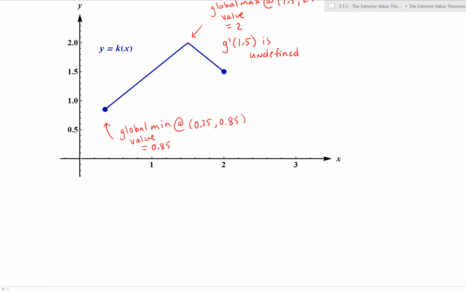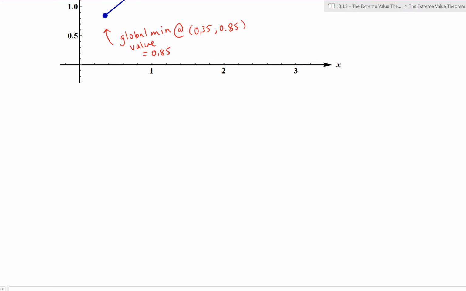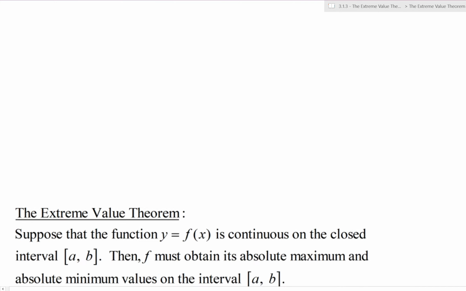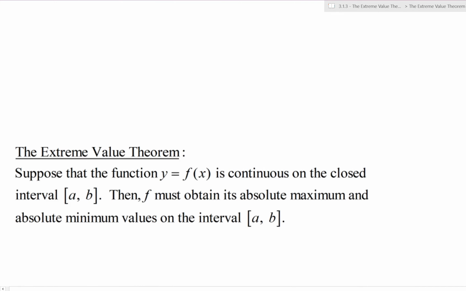So you might guess what the extreme value theorem is going to tell us. And here's exactly what it tells us. Let's suppose that you have a function f, and, go figure, it is continuous over a closed interval, let's say a to b.